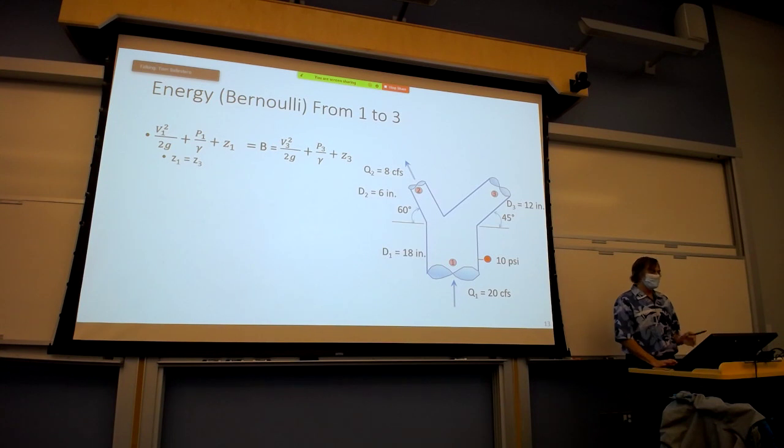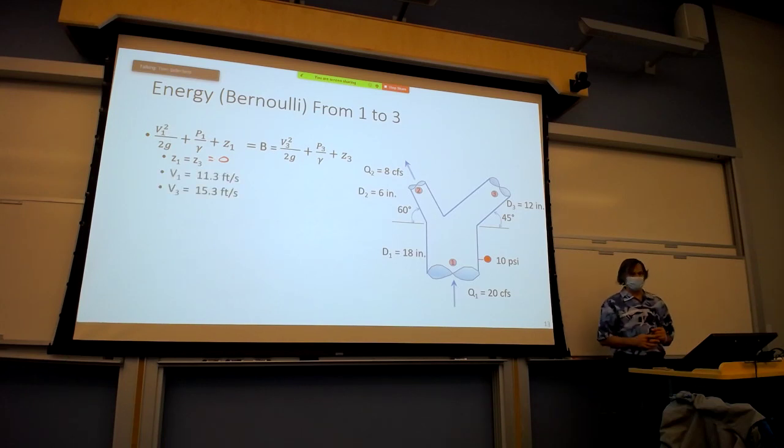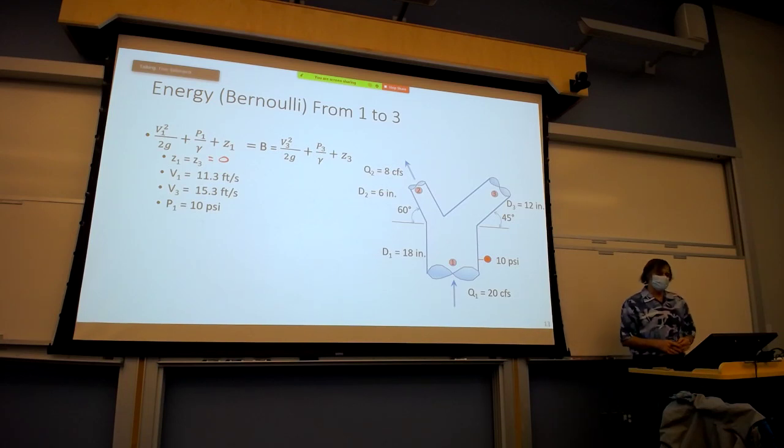As before, we know that both of the elevations are on our datum. As before, we know the velocities from continuity. And as before, we know the pressure at 1. So we would get a very similar equation to what we just had, only instead of the subscripts of 2, we now have the subscripts of 3.